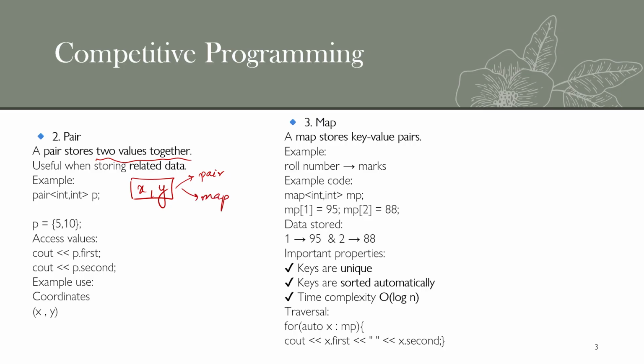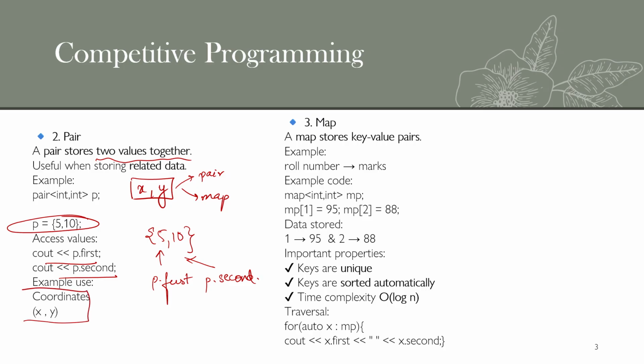In pair we create a pair like this, 5, 10. p.first and p.second are used to access them. This will be your p.first, this will be your p.second. Coordinates X and Y, the similar example that we had taken.